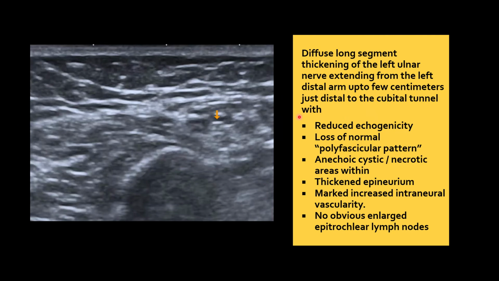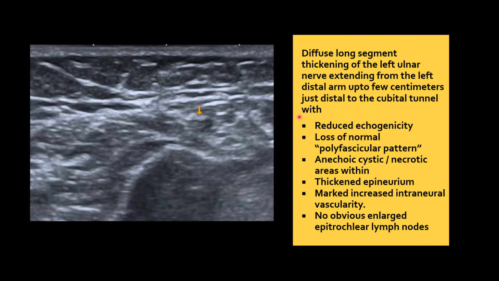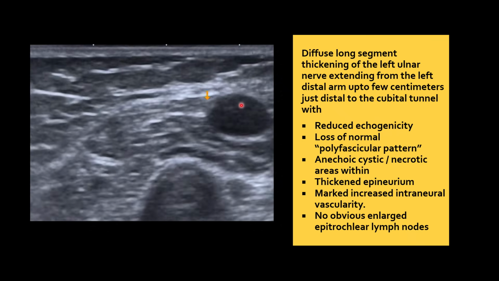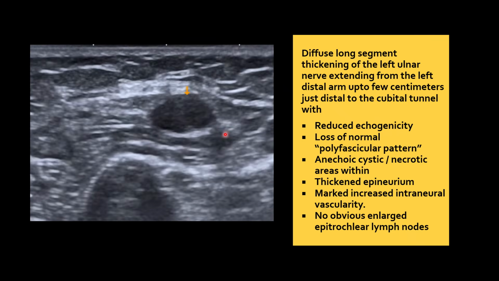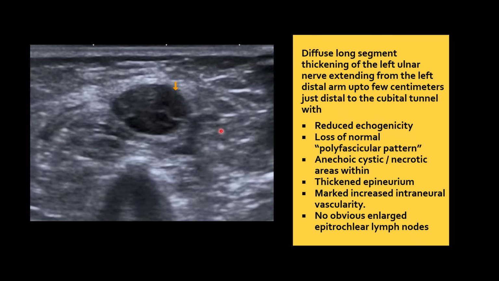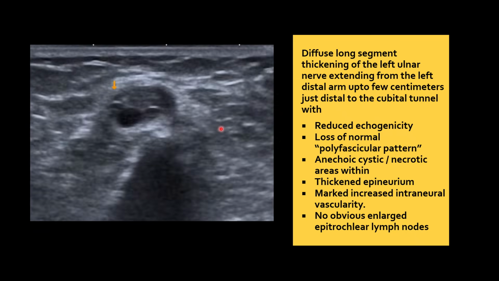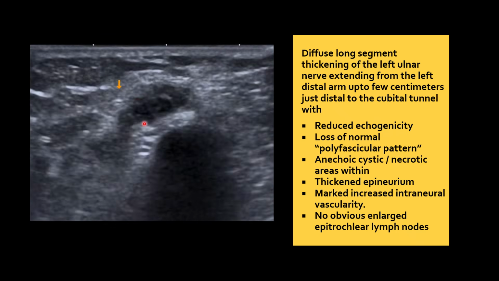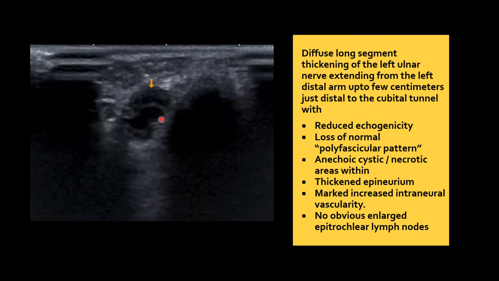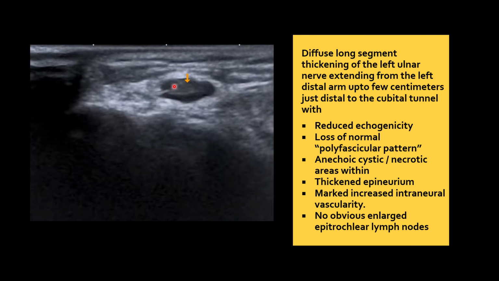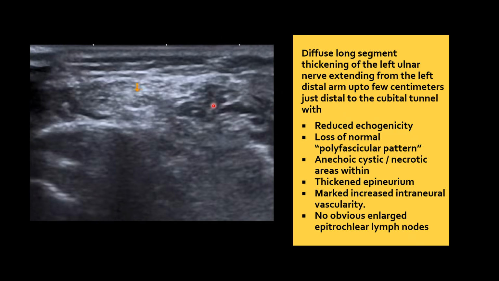So if we combine the findings, we have this diffuse long segment thickening of left ulnar nerve, which is extending from left distal arm up to few centimeters just distal to the cubital tunnel. Along with, there is reduced echogenicity of the nerve, loss of normal polyfascicular pattern, multiple anechoic cystic necrotic areas within the nerve, increased intraneural vascularity, and thickened epineurium.